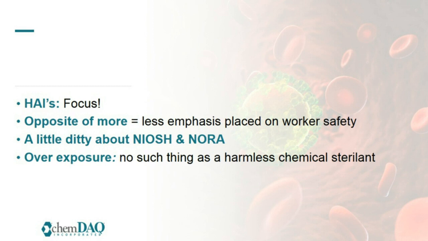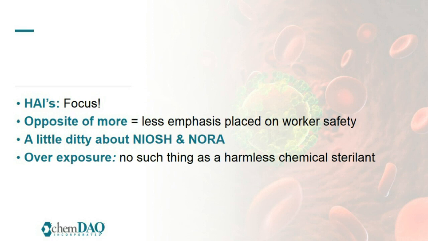And both of them say that healthcare workers are at an increased risk of many types of adverse health effects from these low temperature sterilants. For example, cancer, adverse reproductive outcomes, work-related asthma and dermatitis. They also go on to say that overexposure is a big issue, and there's no such thing as a harmless chemical sterilant.